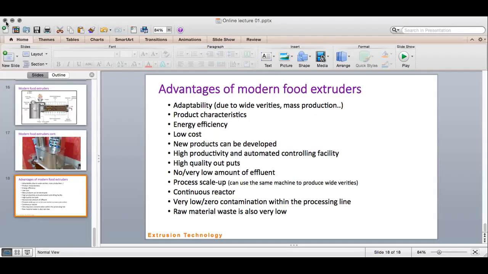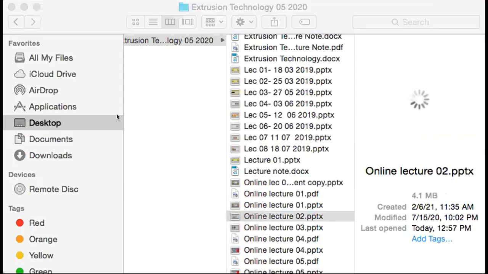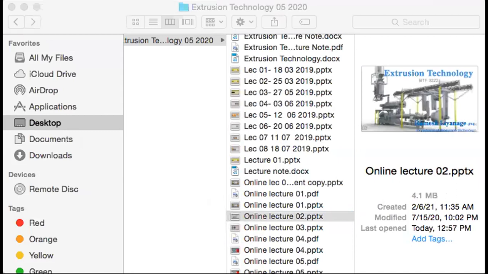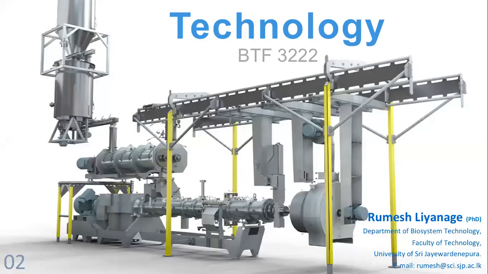So the next one. Now we can discuss further details about extruders.